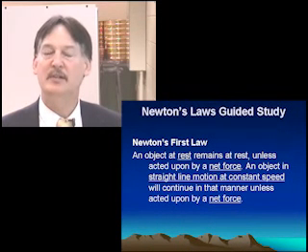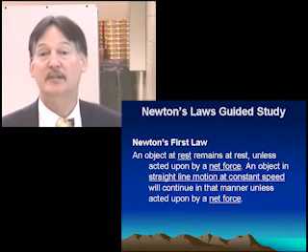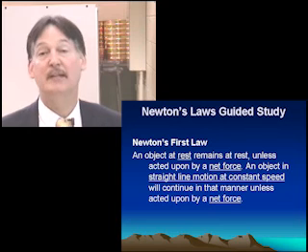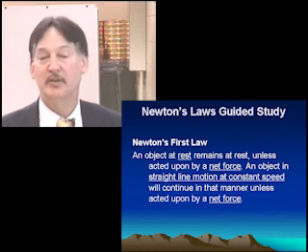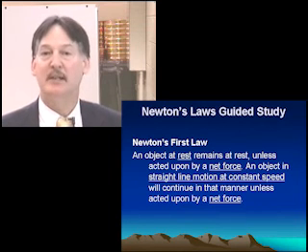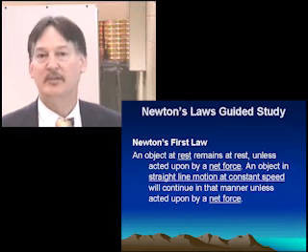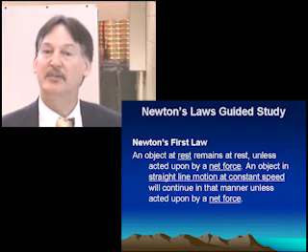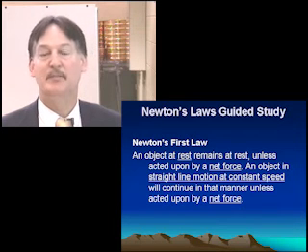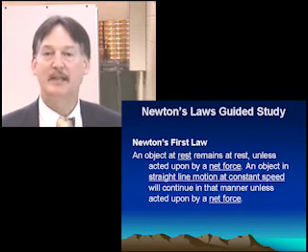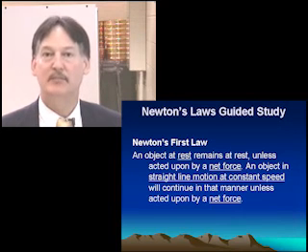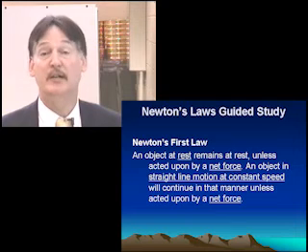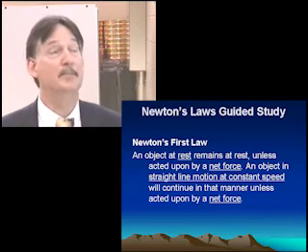Isaac Newton studied motion following on the heels of Galileo, and as a result of his studies and other work other people had done, he put together three statements in his Principia Mathematica. In this publication, he stated three, what we call laws now. They're called Newton's laws. They bear his name.